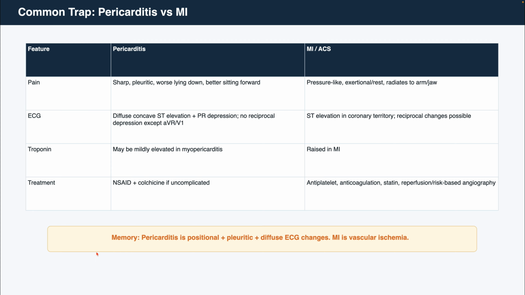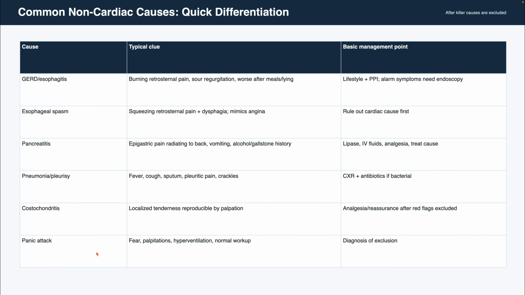Troponin may be mildly elevated in myopericarditis, but in ACS, it will be raised in MI. Treatment, NSAID and colchicine if uncomplicated in case of pericarditis, but then in ACS, it will be antiplatelet, anticoagulant, statin, reperfusion, risk-based angiography. Remember, pericarditis is positional plus pleuritic plus diffuse ECG changes, but in MI it is vascular ischemia, and then there will be specific vascular territory changes.